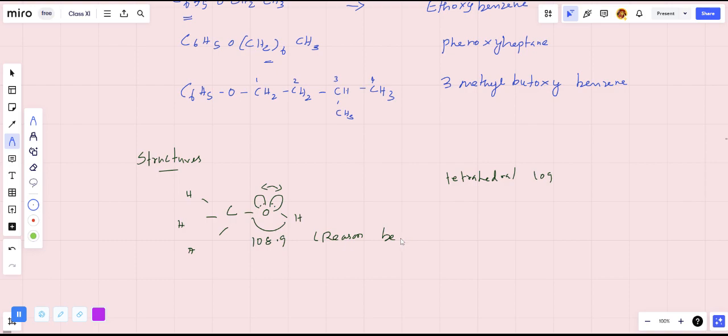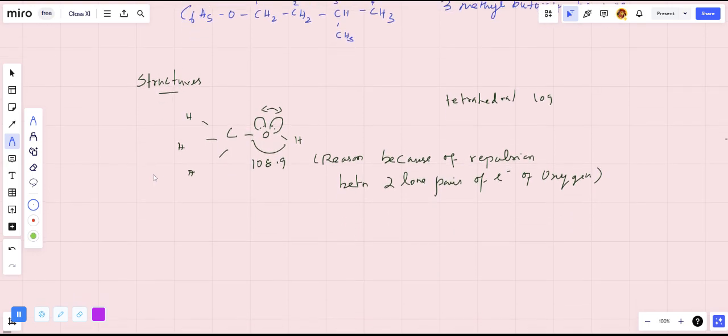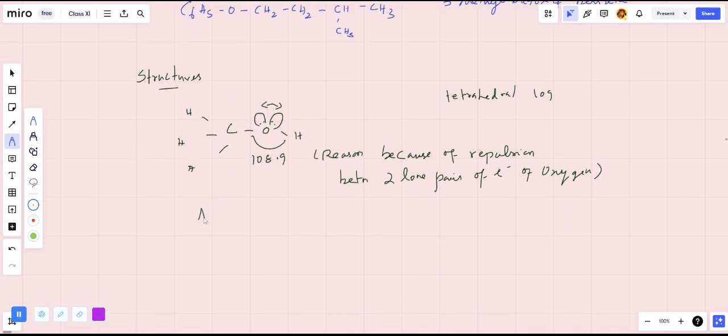Because of the repulsion between two lone pairs of electrons of oxygen. That is the reason. So this is for alcohol.